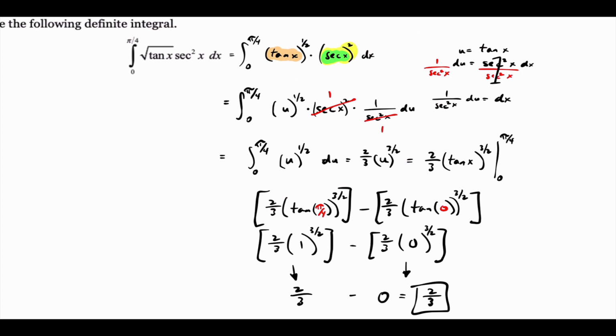Find u. Do u substitution, right? The only difference here is after you've done all that, plug in the top bound, plug in the bottom bound, subtract them, you're done. It's an extra added step, but it's not hard. Okay.